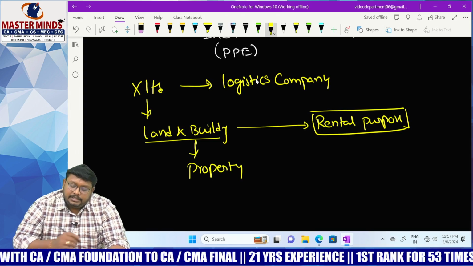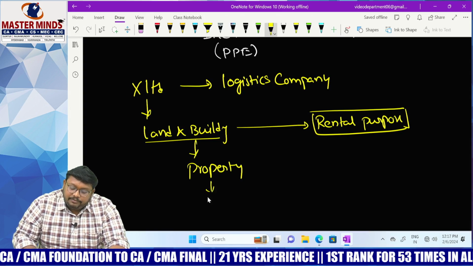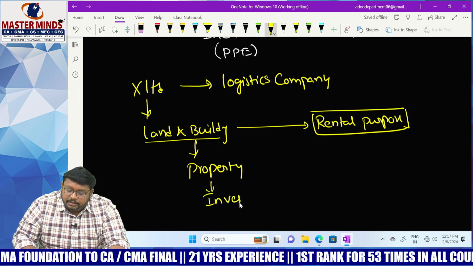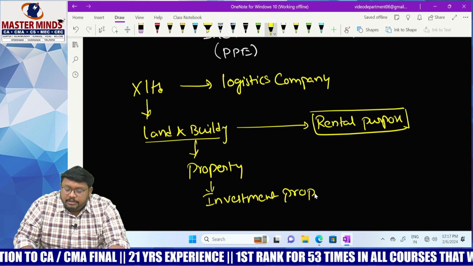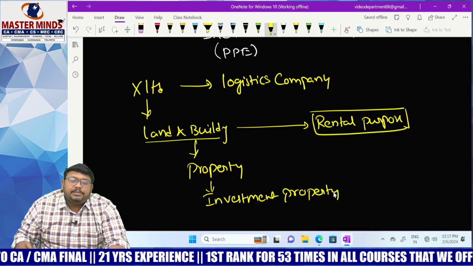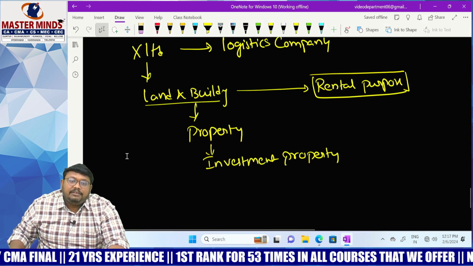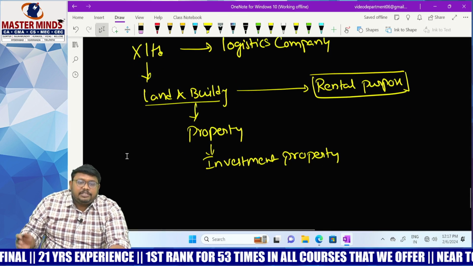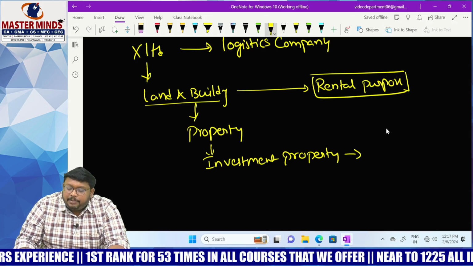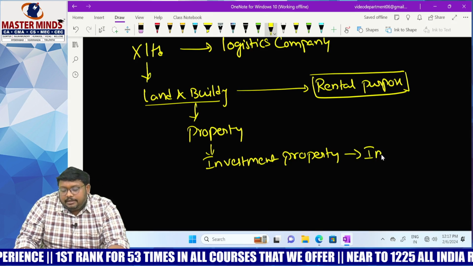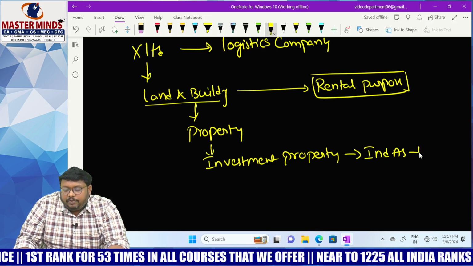So in that condition, this property we call investment property, because you are not using it for your business purpose, you are using it for investment purpose. Because of that investment, you are receiving the rent. For this investment property, we have a separate accounting standard, that is Ind AS 40.